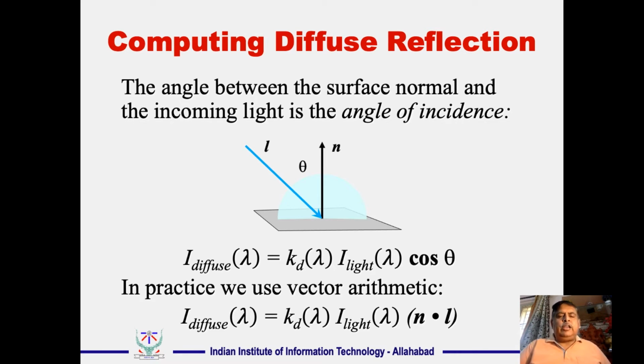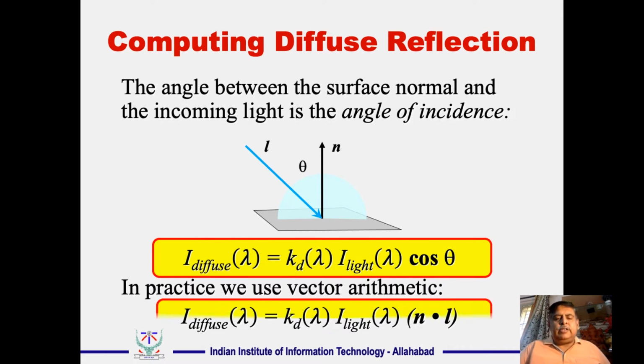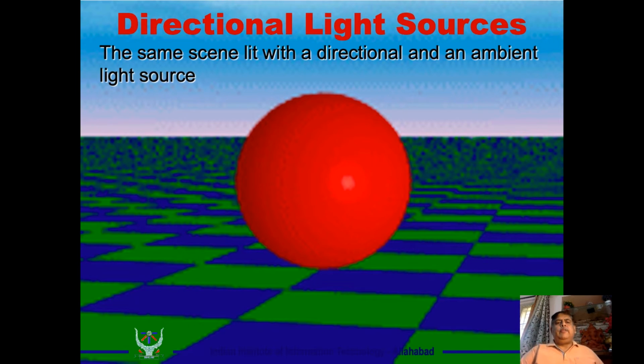So I diffuse lambda is equal to kd lambda times I light lambda cos theta, kd lambda being the property of the surface. And cos theta can always be written as a dot product of the normalized vectors L and N. So cos theta is equal to N dot L, and the equation changes accordingly. So here I have the equation for diffused intensity.